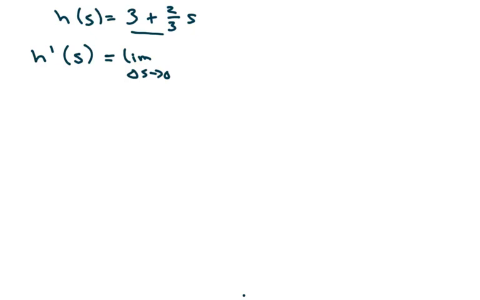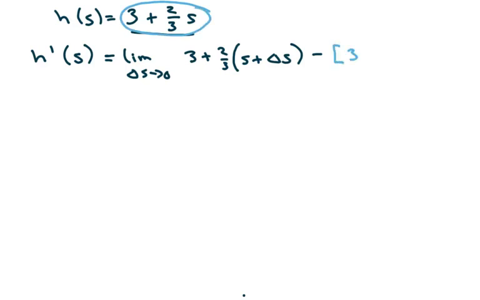I'm going to write this function down, and everywhere there's an s, I'm going to put s plus delta s. Then I'm going to subtract the whole function, just this whole function here. So I'm going to subtract that, and then divide by delta s.